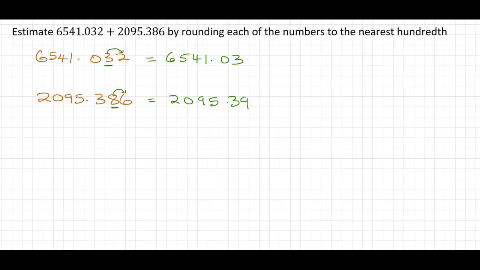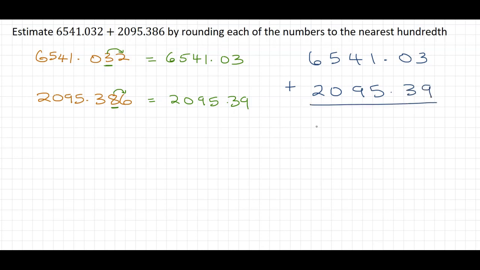So let's go ahead and add the numbers. We have 6541.03 plus 2095.39. 3 plus 9, we have 12. I'm going to write 2 here and bring 1 up here. 1 plus 0, 1 plus 3, that's going to give you 4.